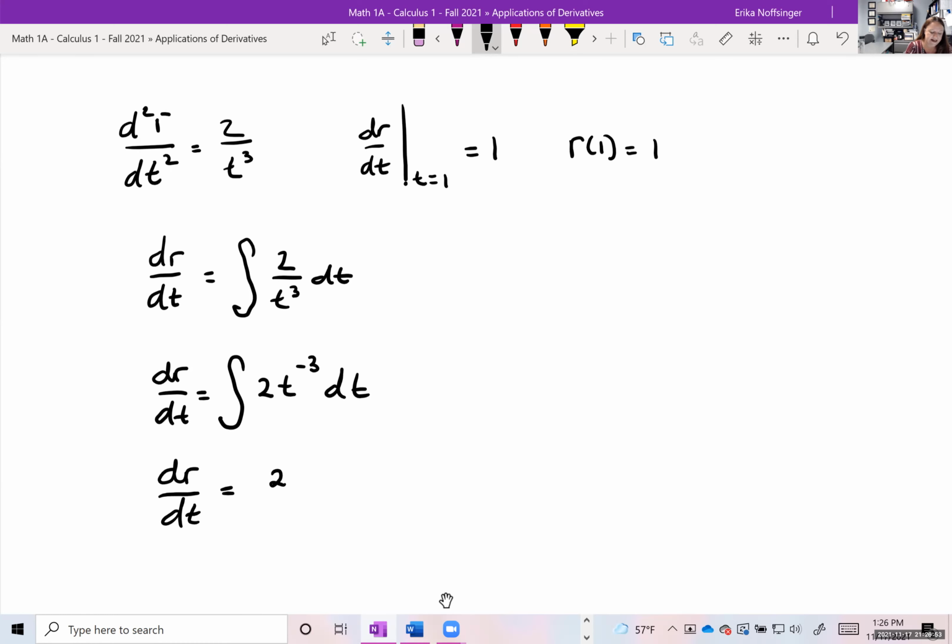So let's take the antiderivative of 2t to the negative third power. We add 1 to our exponent, so negative 3 plus 1 is negative 2. We divide by our new exponent of negative 2, and then add some constant c.